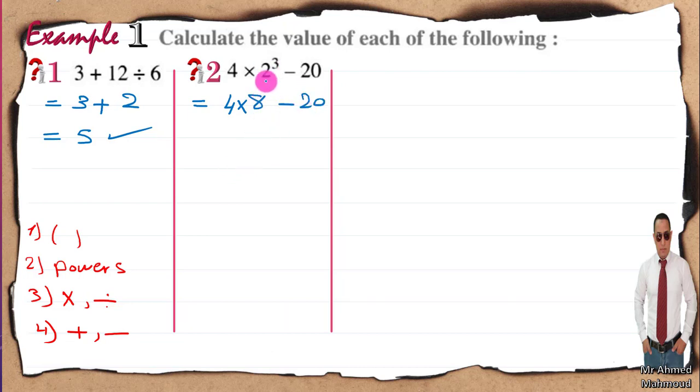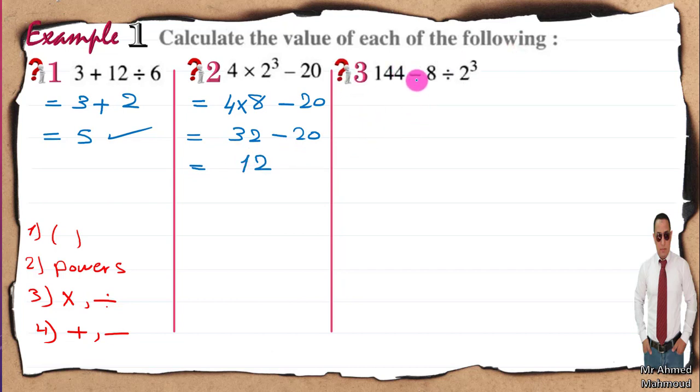Now I evaluated the power. The second step, we have times and minus, so I'm going to start with times. 4 times 8 equals 32 minus 20. The last step, I'm going to evaluate minus. 32 minus 20 equals 12.